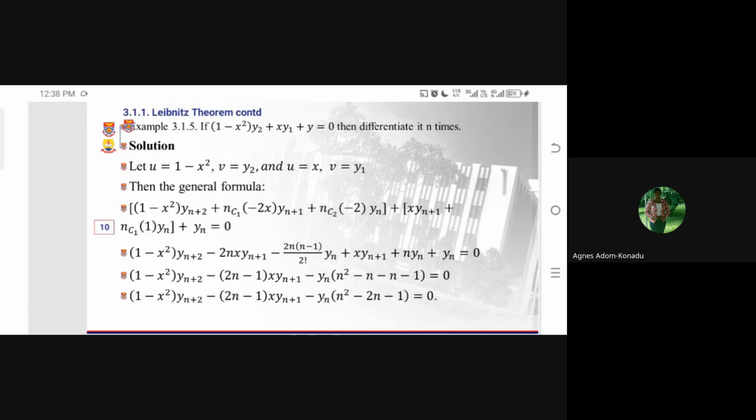To find the nth derivative, we want to use the product rule. The first term is a product of two differentiable functions, so we use the product rule here.